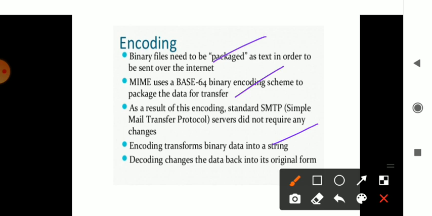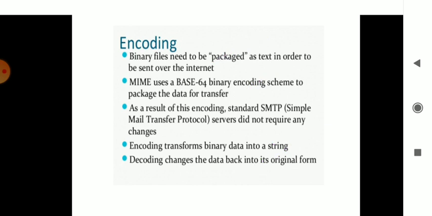It is converted back into the normal form. So encoding changes your data, in any format, to a string type which is not understandable, but that string is converted again into a binary format which the receiver system can understand. That is decoding.